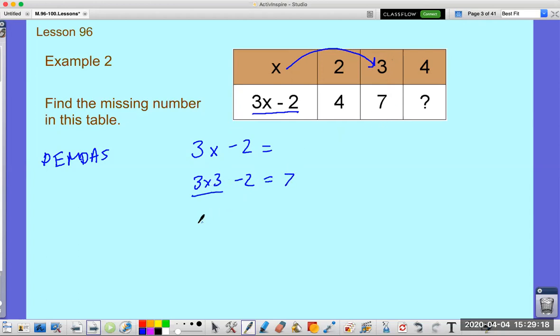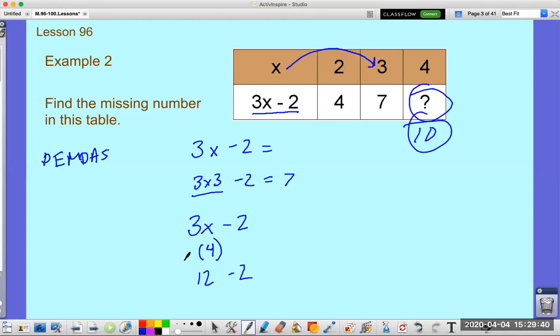So we need to do 3 times x minus 2, and plug in the value of 4 for x. 3 times 4 is 12, minus 2 would be 10. So the missing component is 10 using that rule.